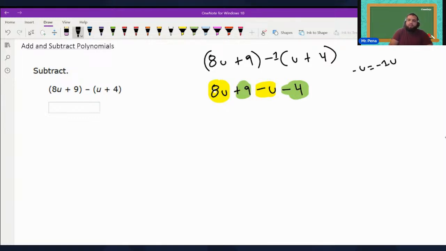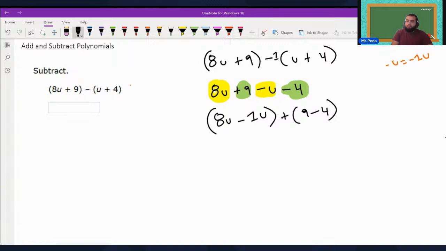That negative U is basically negative 1U. I'm going to leave that there just so you can keep it in your head. What are we actually doing? So we have 8U minus 1U. And we have 9 minus 4. So we have 7U plus 5.